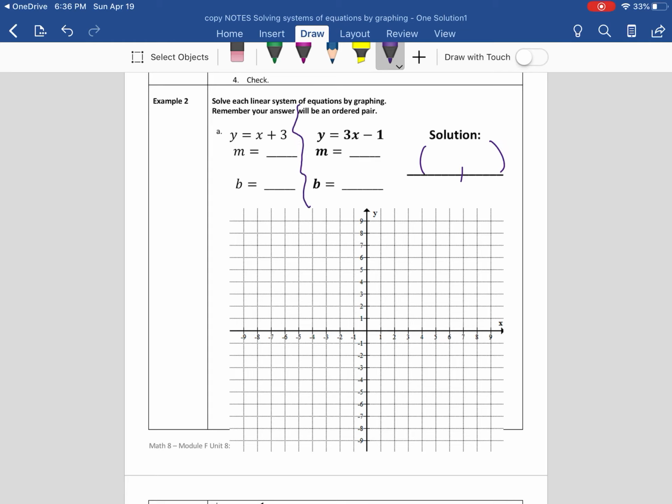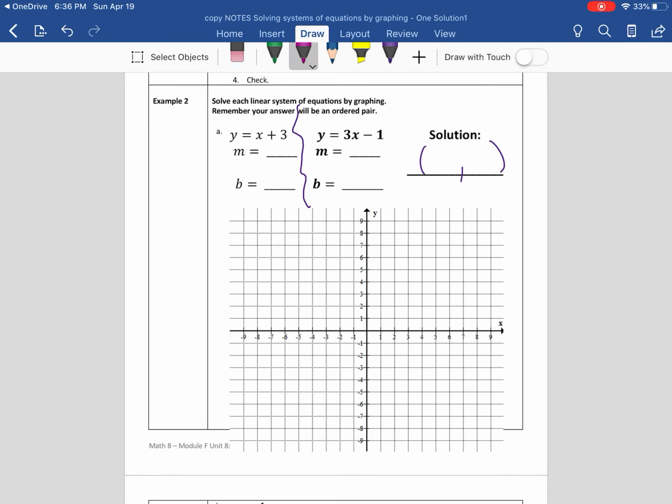And that's where the answer is, where these two equations will cross. y equals x plus 3. We'll graph that one. And then y equals 3x minus 1. We'll graph that one. And then our solution will be where they cross.